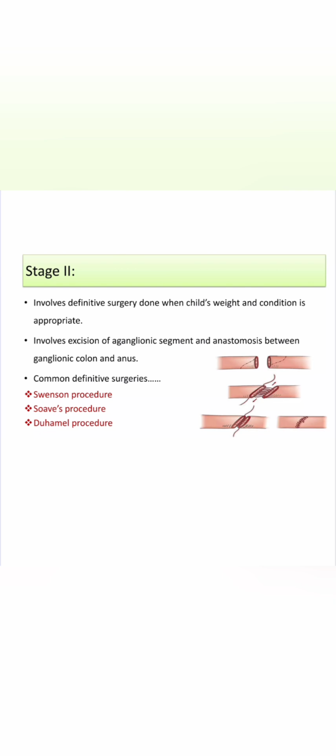Before the colostomy, the baby must be 6 to 8 months of age. If we plan the surgery, the baby must complete 12 to 15 months of age and weigh 7 to 9 kg. Only then can we proceed with surgical management for this disease.